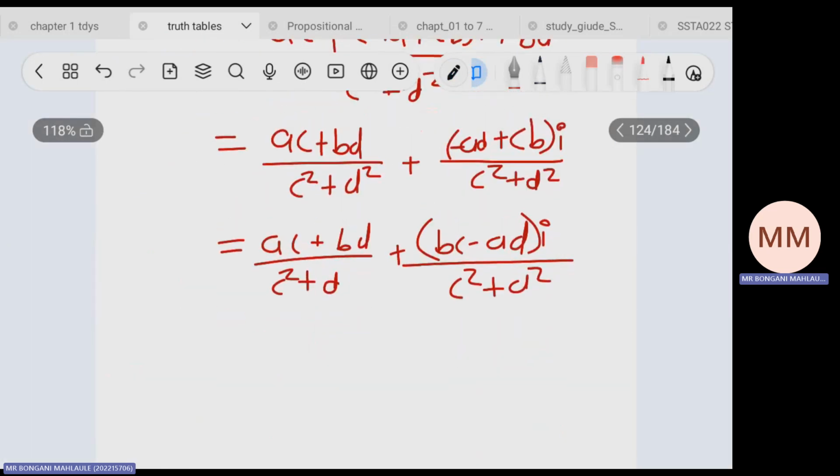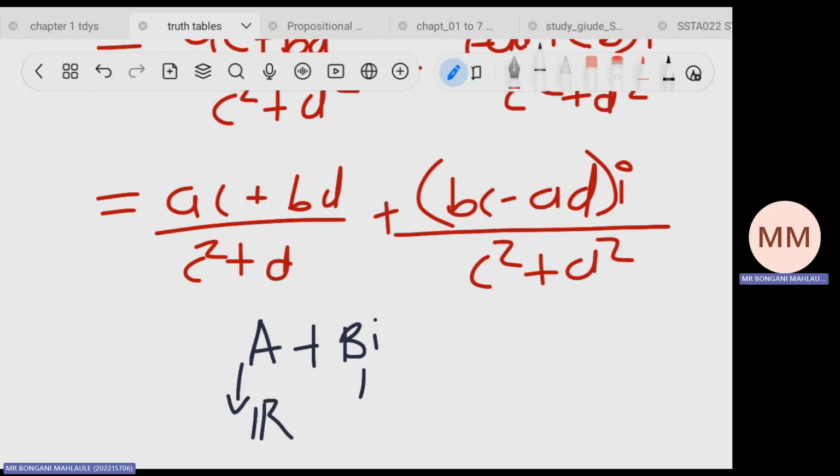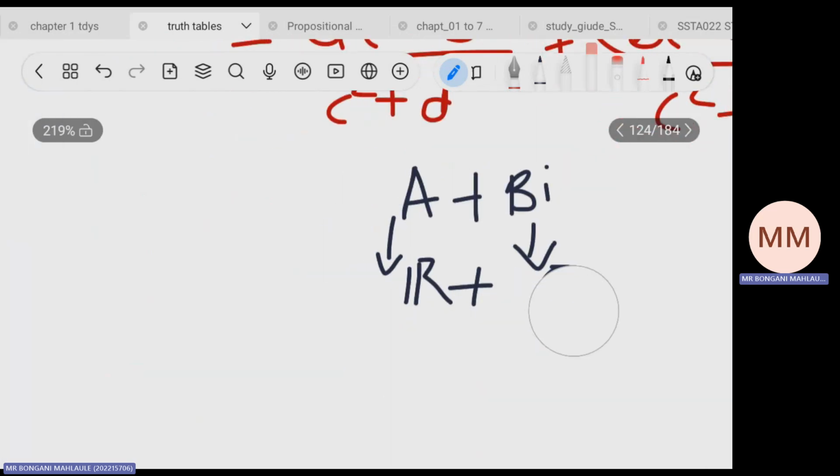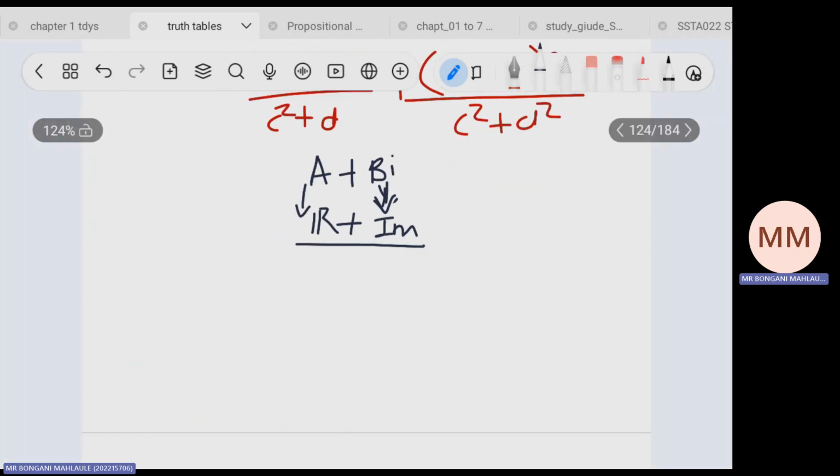At the end of the day, as long as you are still getting a plus bi, you have your real part and then plus your imaginary part, not complex but imaginary part.